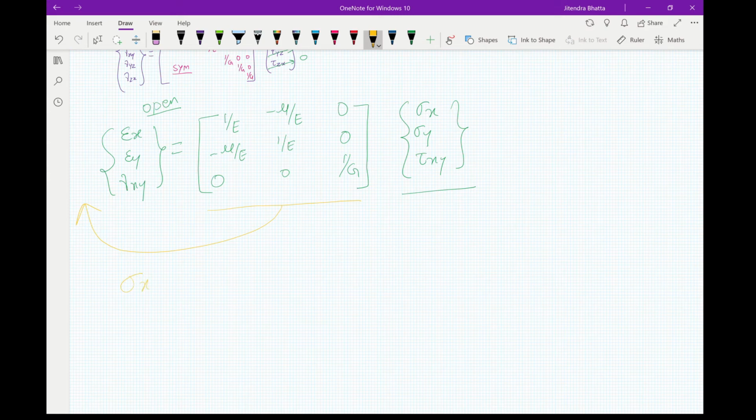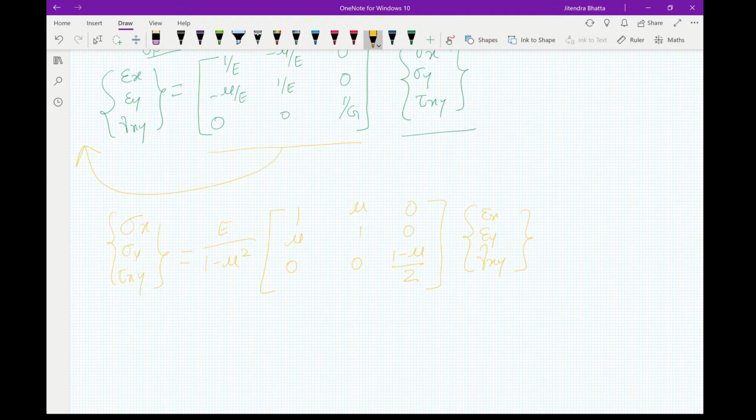So our stress vector will be this, and this will be our stress-strain relationship for the 2D plane stress problem.